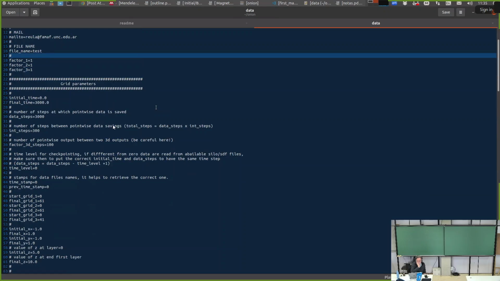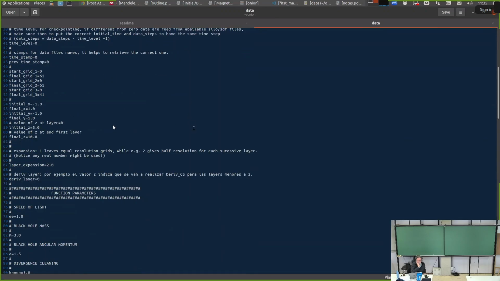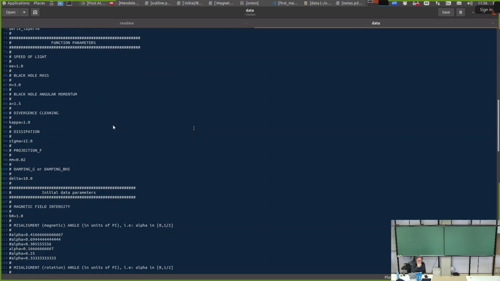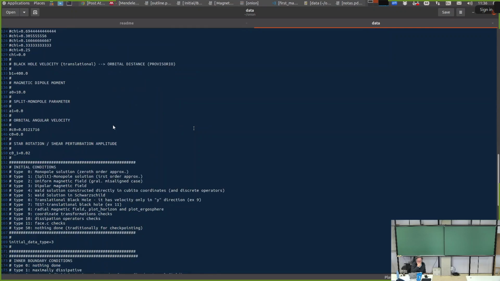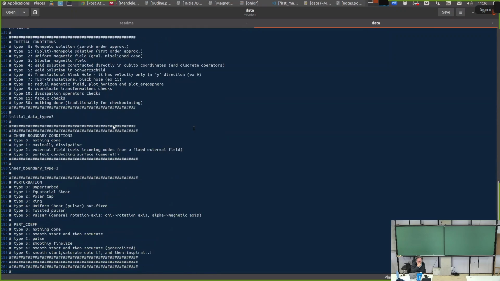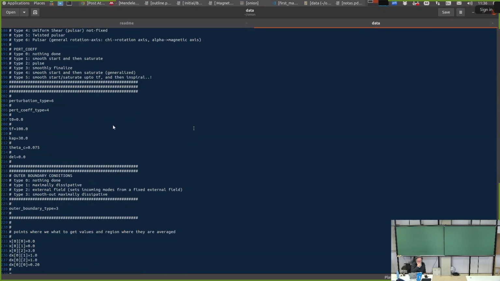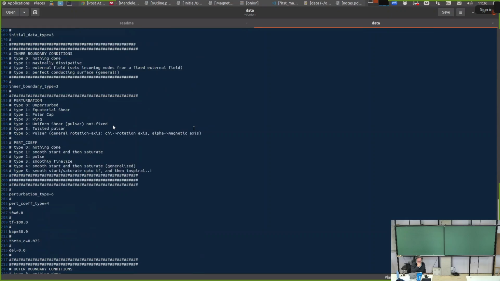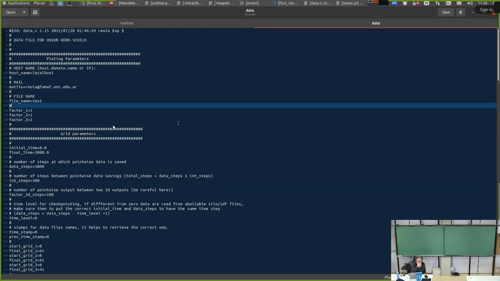So these are the initial time, the final time, the dimensions of the numerical domain, for instance, the mass of the black hole, the angular momentum of the black hole, the intensity of the initial magnetic field, the type of initial data, etc. These kinds of decisions you make at the time of running the code, right?